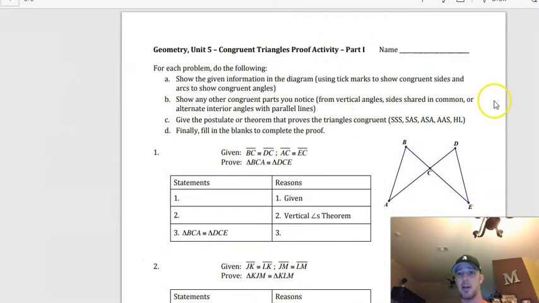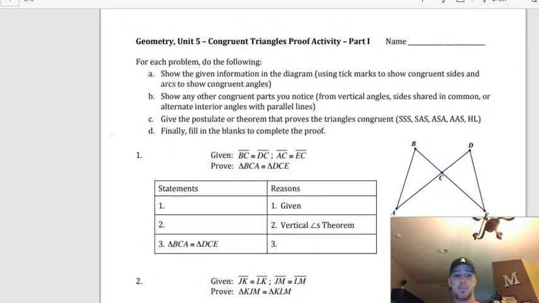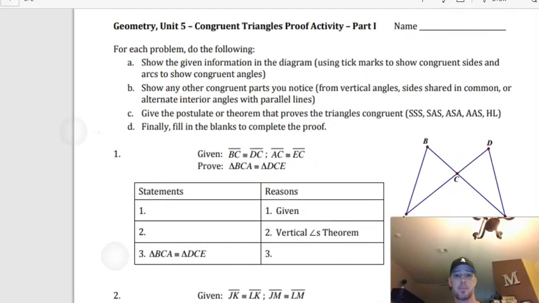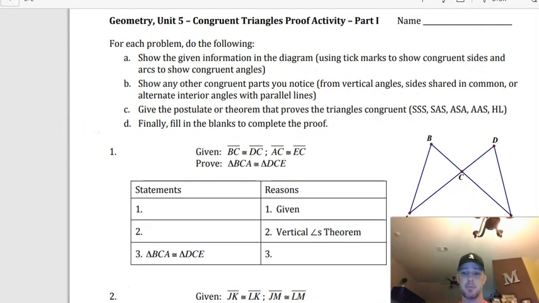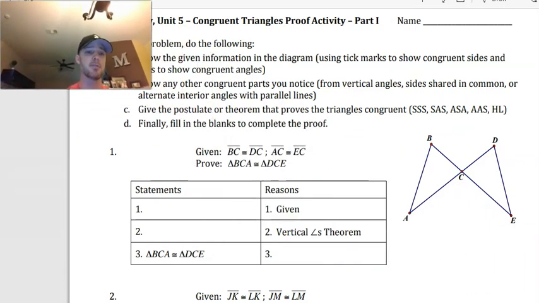This page here. This is the first of two additional practice pages that I have listed. All right, maybe I'll just put my face over here. For each of these problems, we're going to try to see if we can prove these triangles are congruent. It's basically just practice for you guys.